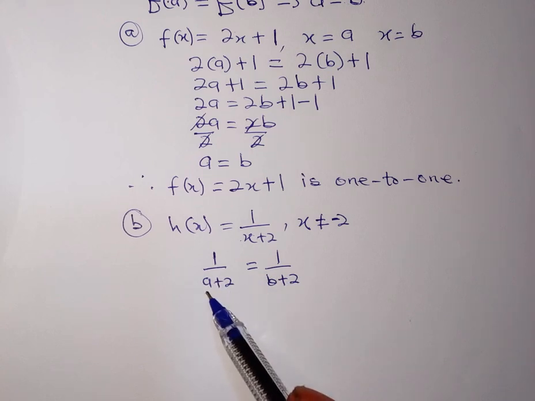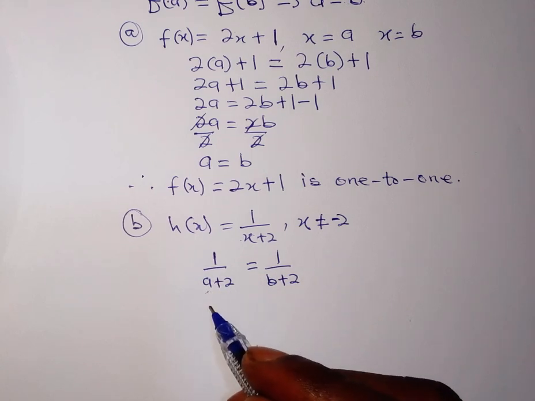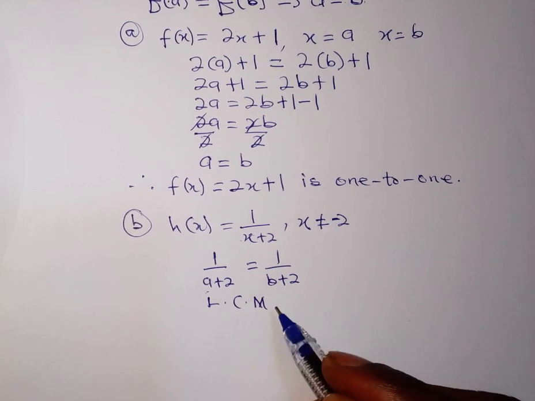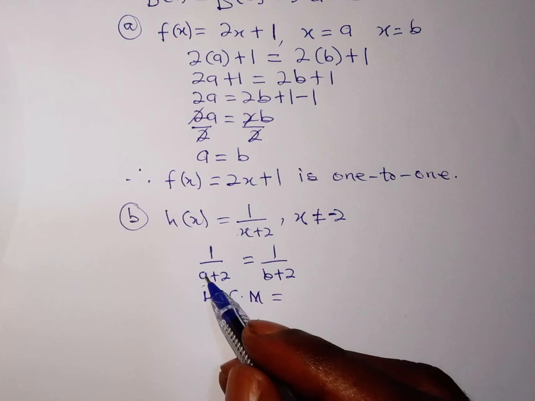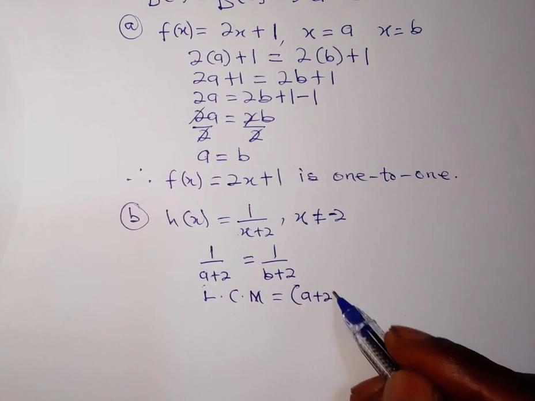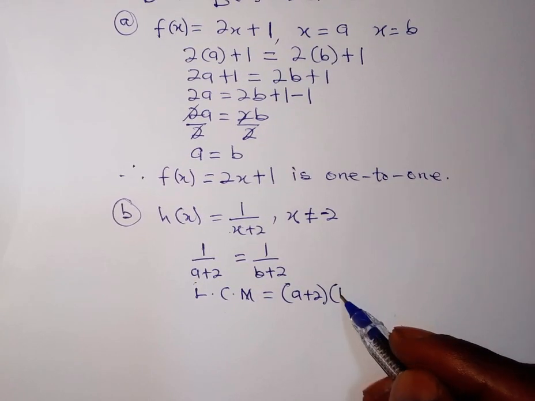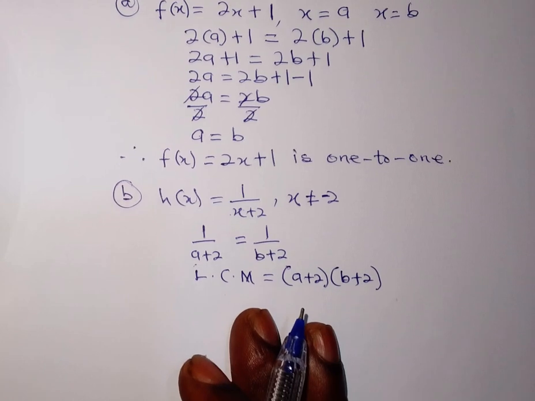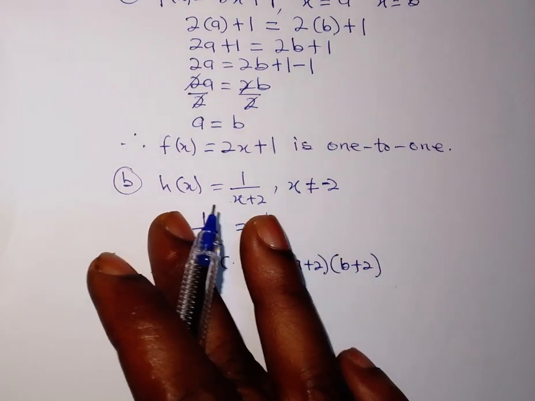What would be the LCM? So looking at this, we can get the LCM as a + 2 and b + 2. This is my LCM. So how do I do it? I will just multiply the LCM through.